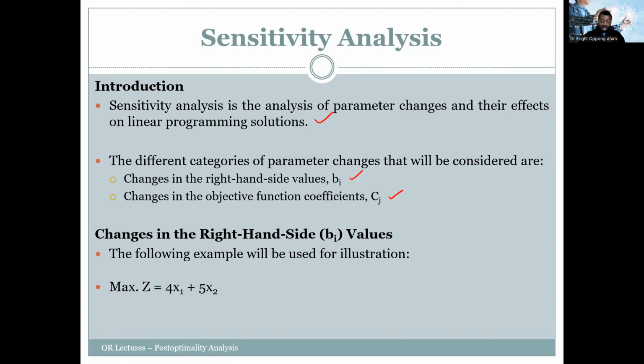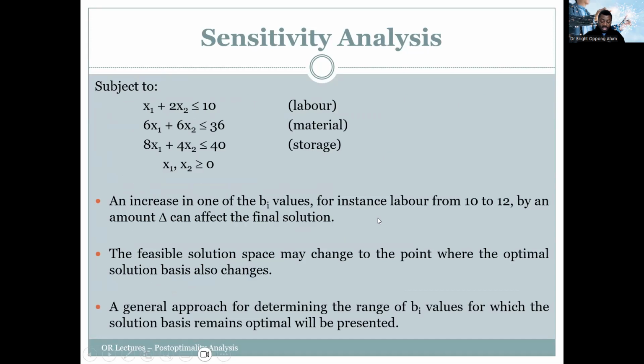So let's take an example. Assuming we want to maximize this, our normal example, which is subject to labor, material resources, and also storage. We solved this earlier on, so we are familiar with this solution. Assuming there is an increase in one of the BI values.